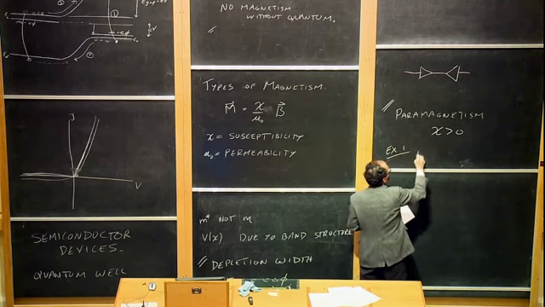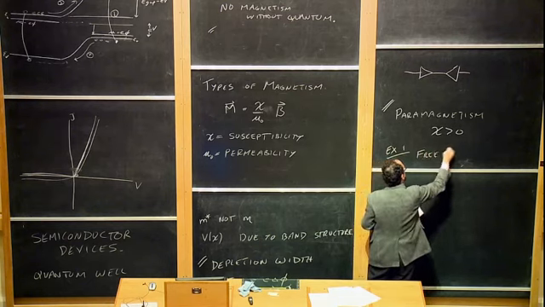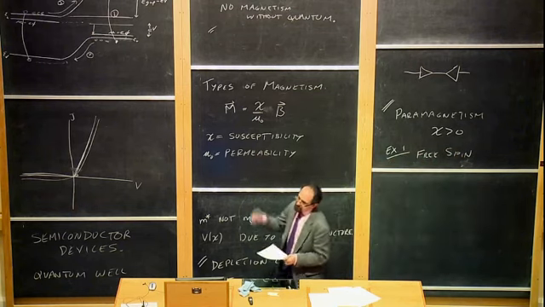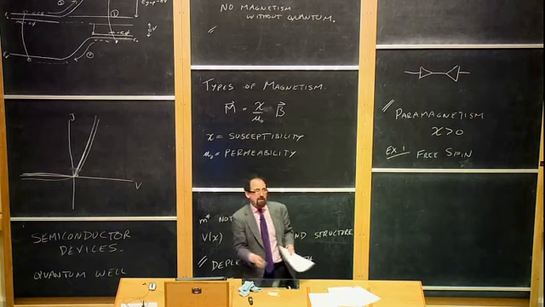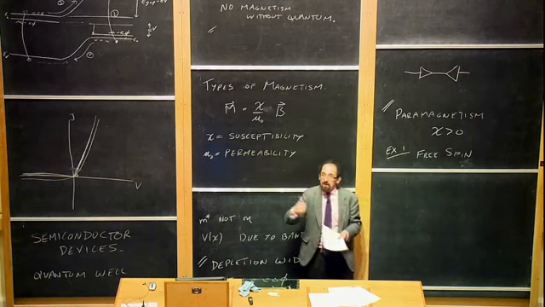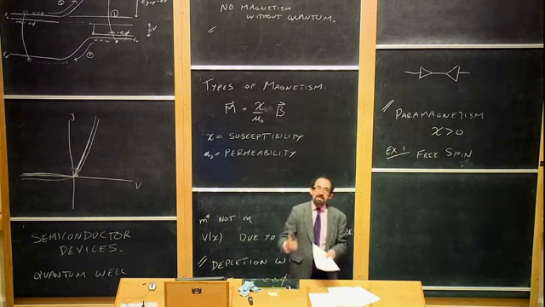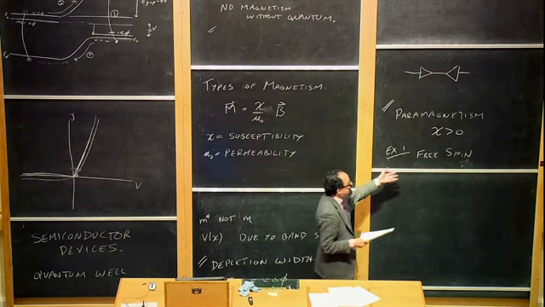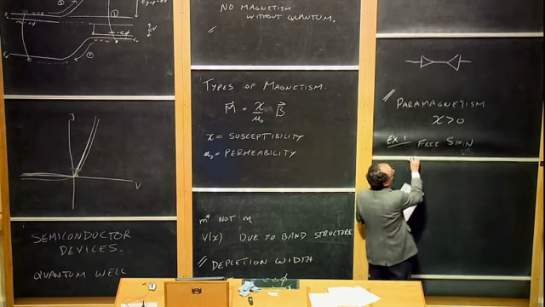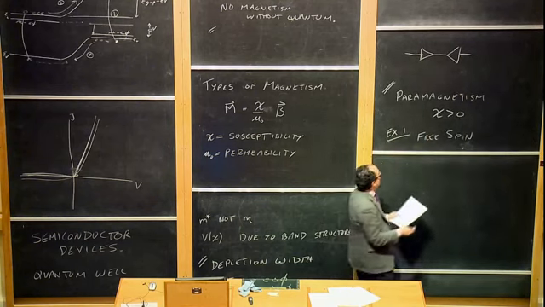Example 1 is a free spin. Probably studied this in statistical mechanics last year. If you have a free spin sitting in outer space, if you apply a magnetic field to it, its energy is lower if the magnetic moment points in the same direction as the magnetic field, so the spin will try to flip over and point in the same direction as the magnetic field. Hence, the free spin is a paramagnet.